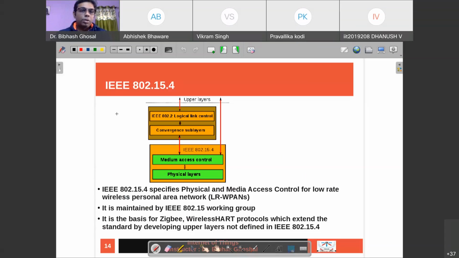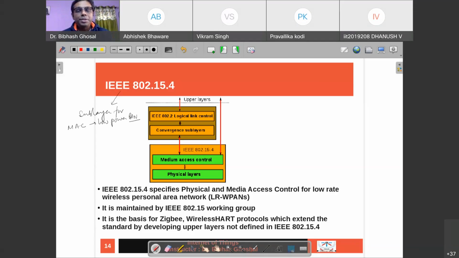Okay, so this was in fact not started for IoT. It was designed for a sub layer for your MAC, the media access control, and it was basically for low power PAN. So the idea was that for a personal area network, if I can build a protocol for handling communication at a minimum power or low power.